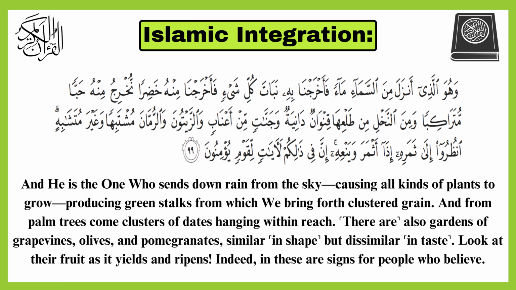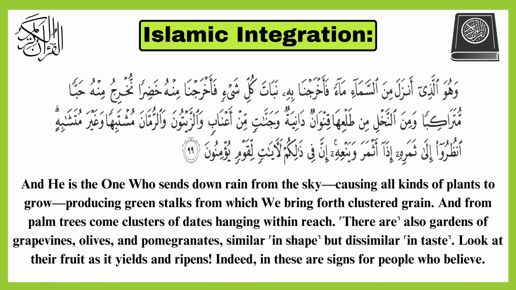There are also gardens of grapes, vines, olives, and pomegranates, similar in shape but dissimilar in taste. Look at their fruits as it yields and ripens. Indeed, in these are signs for those who believe.